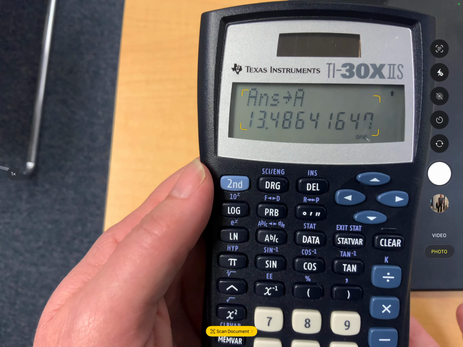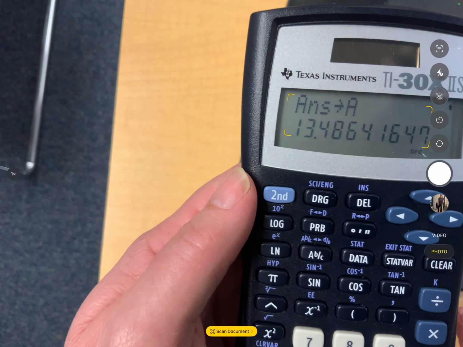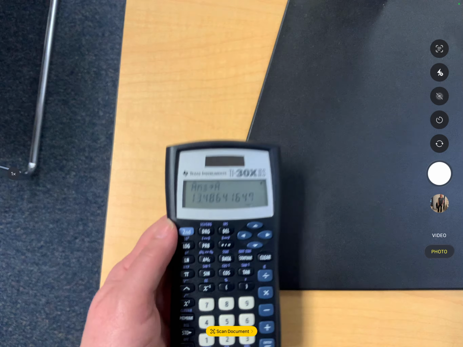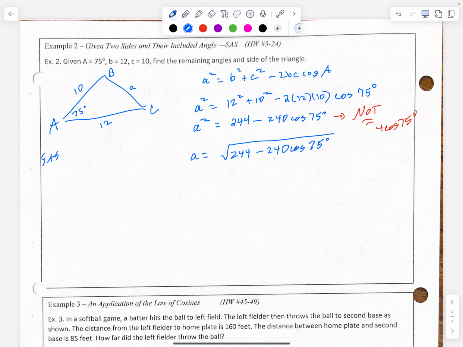So 180 minus the sum of 75 plus, it's the measure of angle B that I want. So second recall, arrow over B, and right parenthesis. And there I've got the measure of angle C.